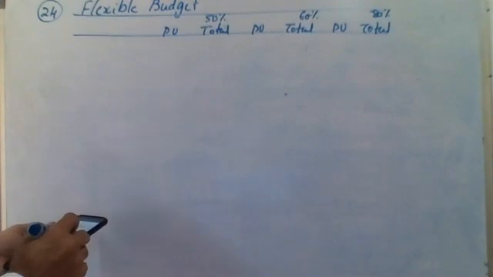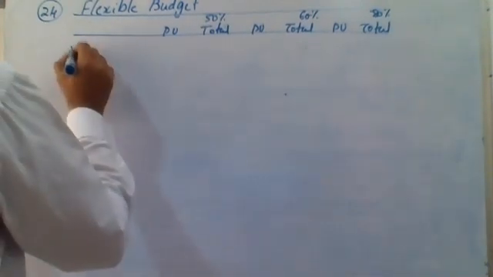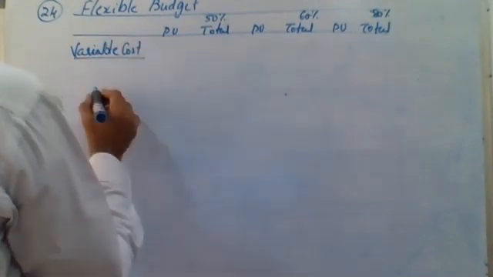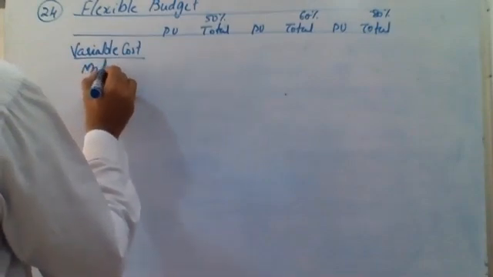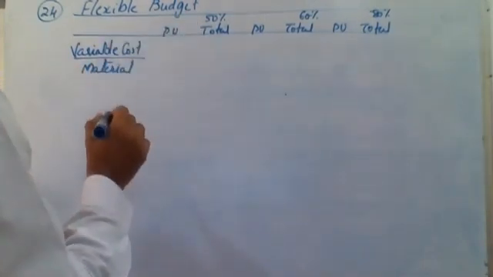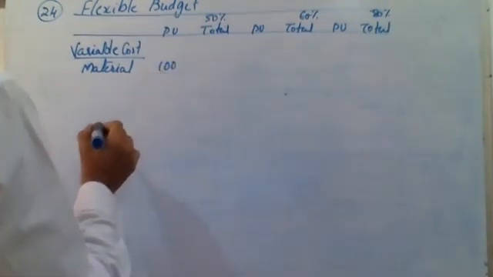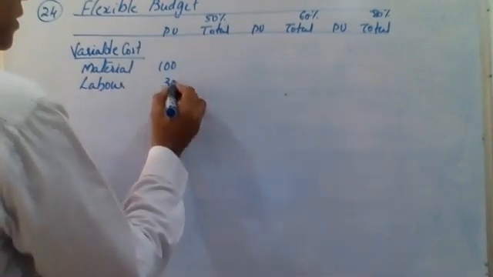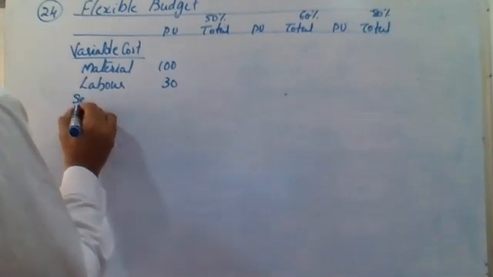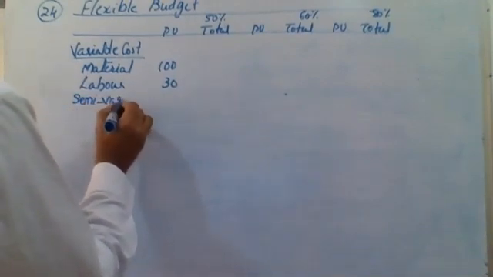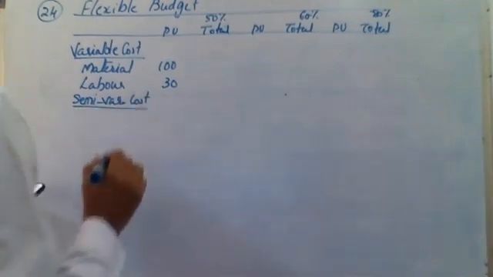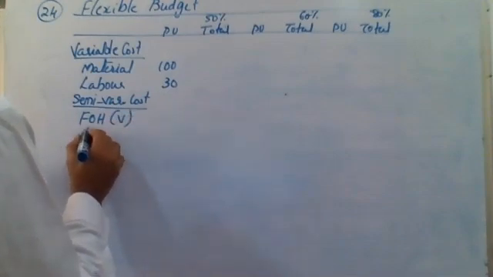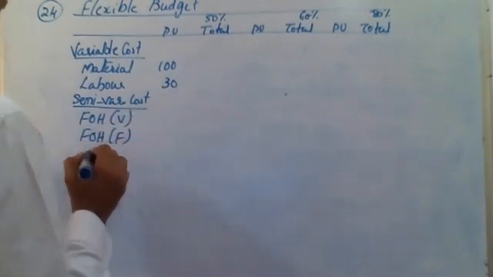So we start with variable cost. In variable cost we have material. At the existing level it is 100 rupees per unit. Labor is 30 rupees per unit. Then we have semi-variable cost. Under semi-variable cost we have factory overheads. In that, variable component is there, fixed component is there.